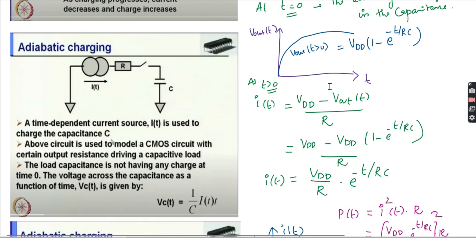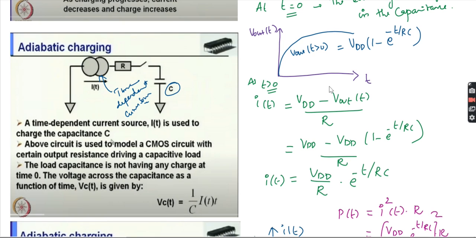Here we are using a time dependent current source, I of t, to charge the capacitance C.